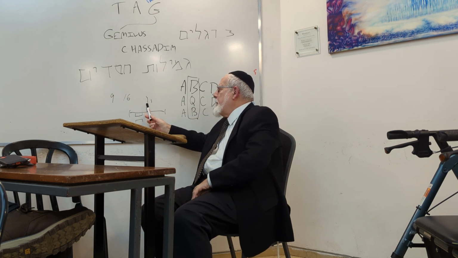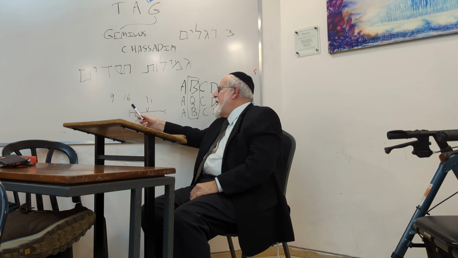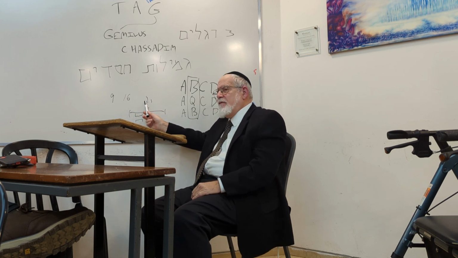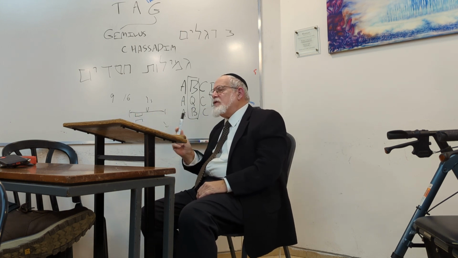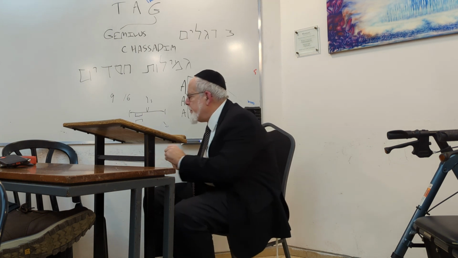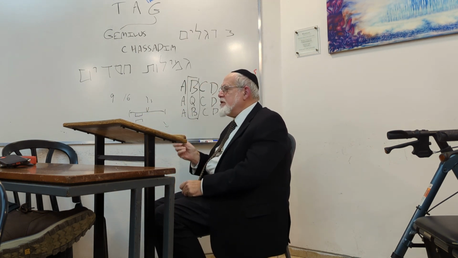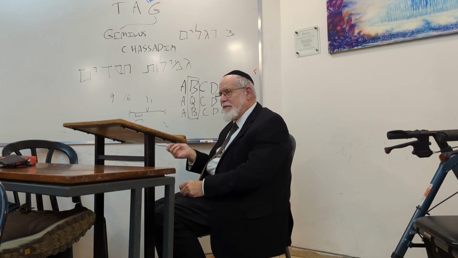Now, what he's suggesting is that this vav is not the center of all the letters of the Torah. It's the center of all the unusual sized letters. Now, think about it. 16 is an even number, so there is no center. If you're going to be close to the center, you have to have an odd number.